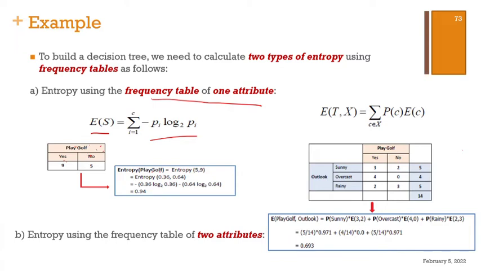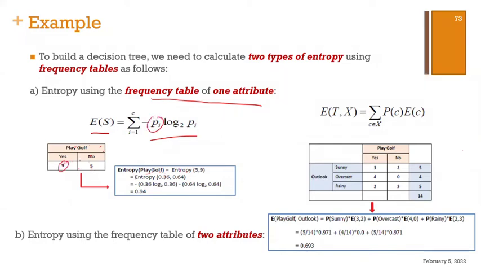Should we play golf or not? This is called 5, 9, because we have 5 no's and 9 yes's. So what is the entropy? It is going to be based on the probability of getting 5 and the probability of getting 9. This is what it means.